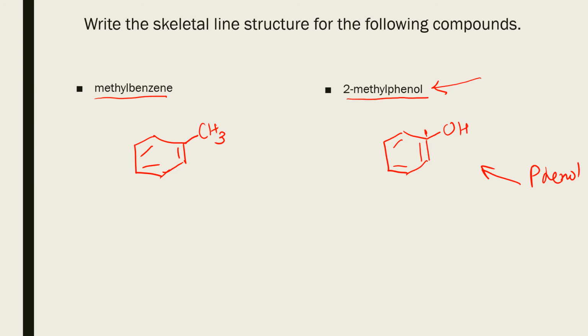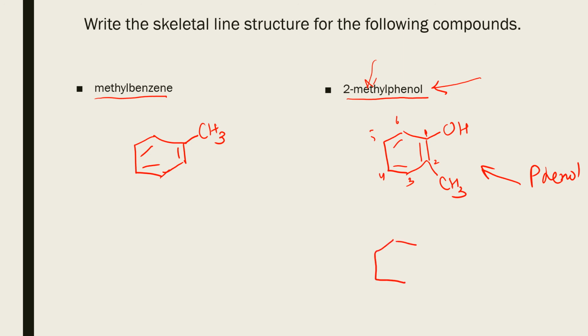So that would be number 1. Now we can either count clockwise or anti-clockwise because we need to find the position of the methyl functional group. So if we go clockwise, that would be 1, 2, 3, 4, 5, and 6. So in that case, the methyl group is here. Okay, so this is the right answer.